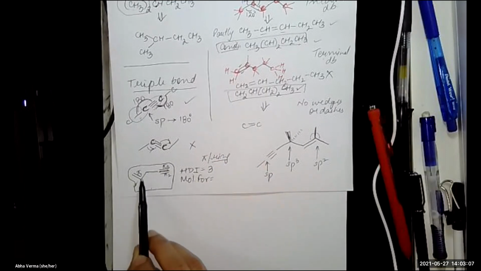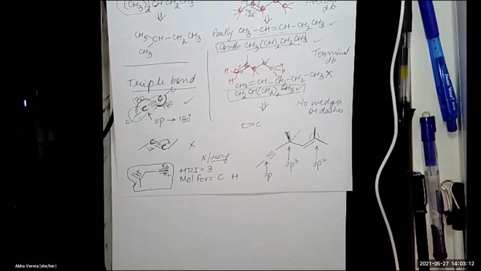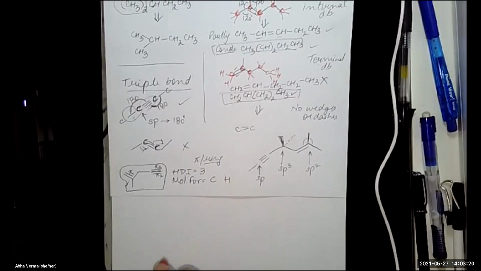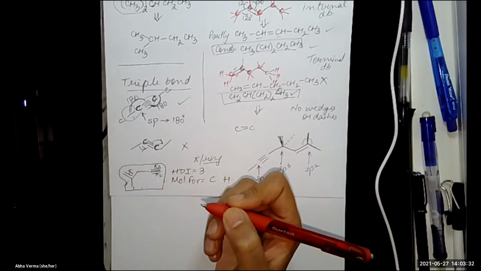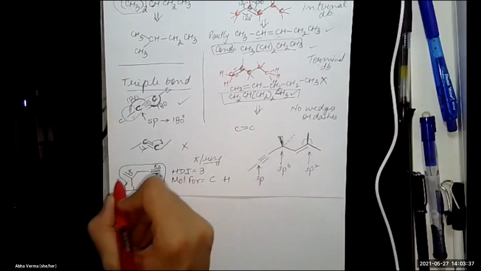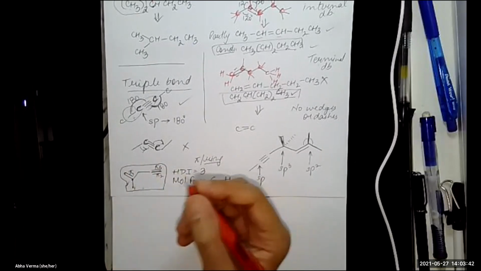The only elements present in this structure are carbon and hydrogen. So let's look at the number of carbons first. Do you want to go ahead and tell me where the carbons are or how many carbons there are? Is it 4? So this is 1. How many? So each dot is a carbon.